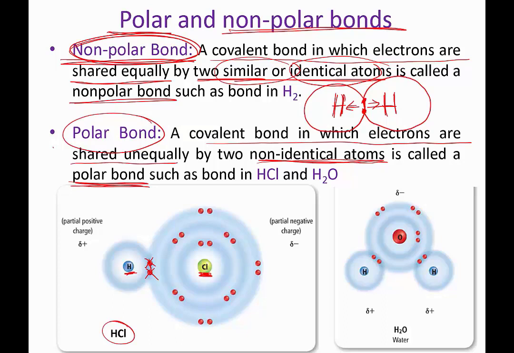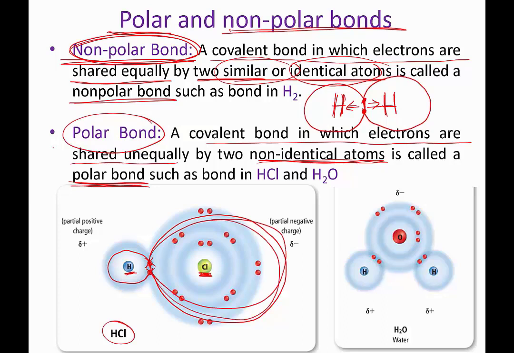So the chlorine will pull those electrons for most of the time. And the hydrogen will pull them for a very short time, comparing to the other time. So most of the time, the electrons move with the chlorine, and a little time they move with hydrogen.